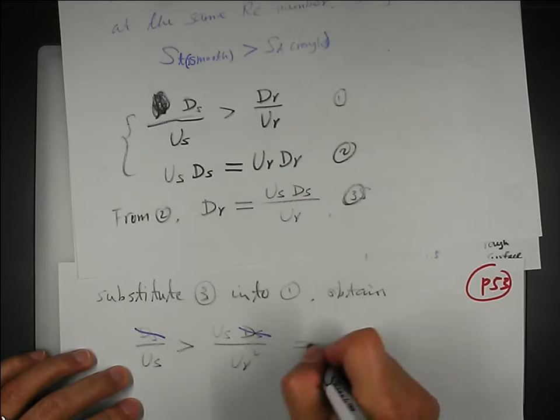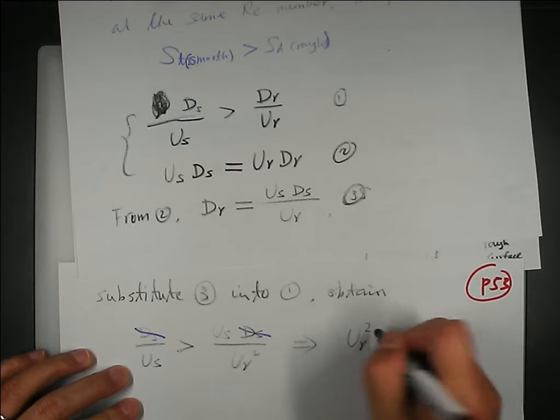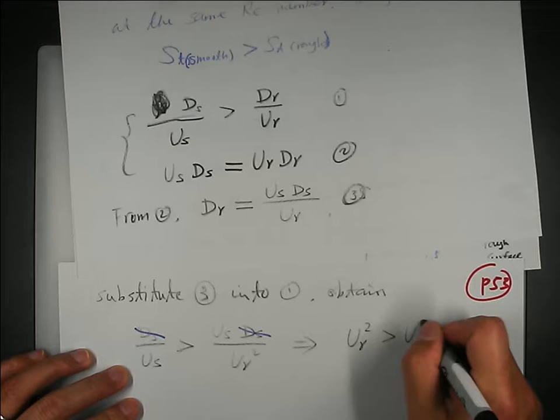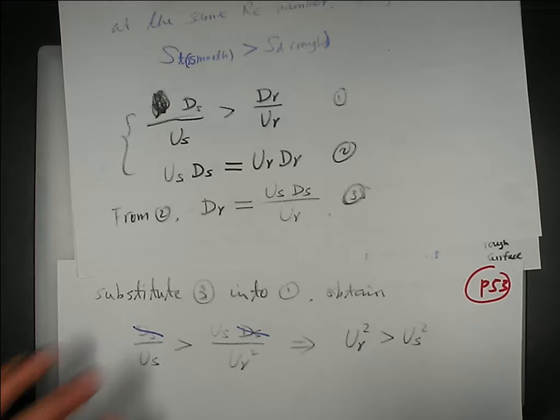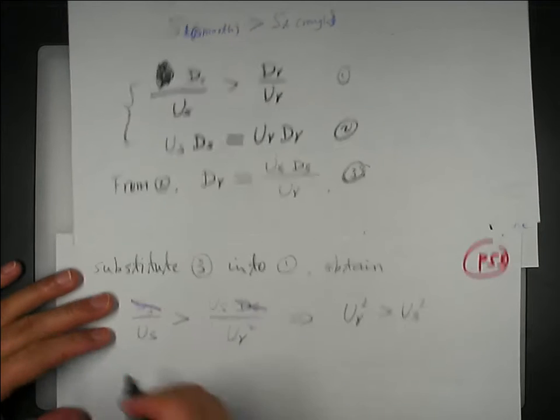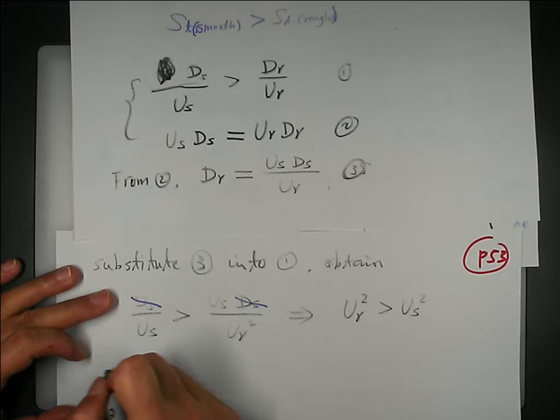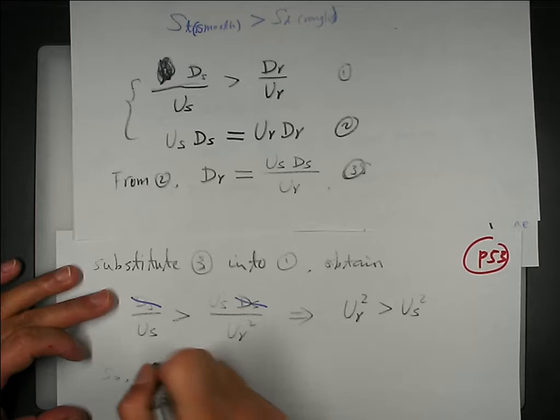Then we got uR squared larger than uS squared. So just take the square root of both sides, we have uR larger than uS.